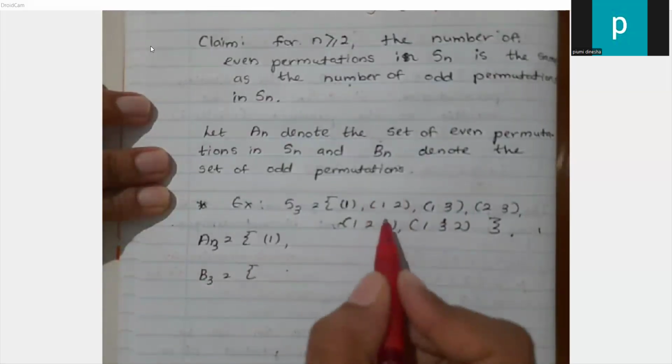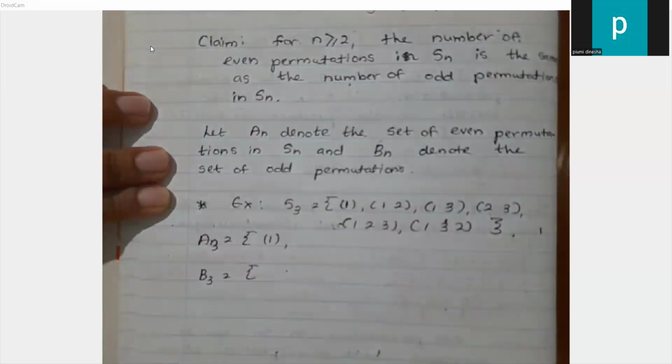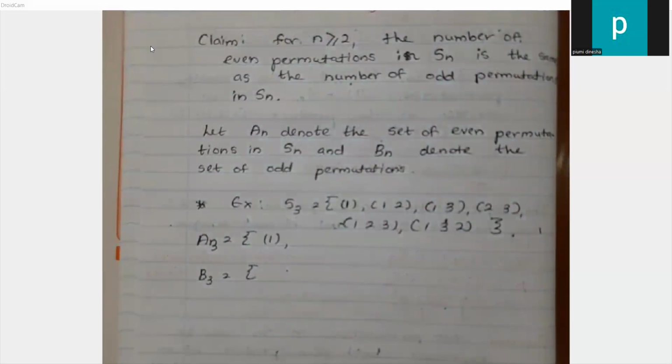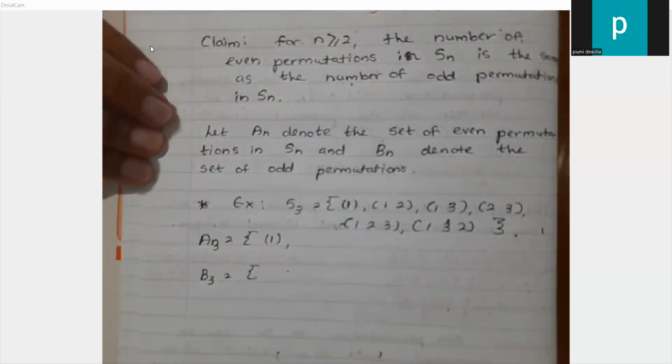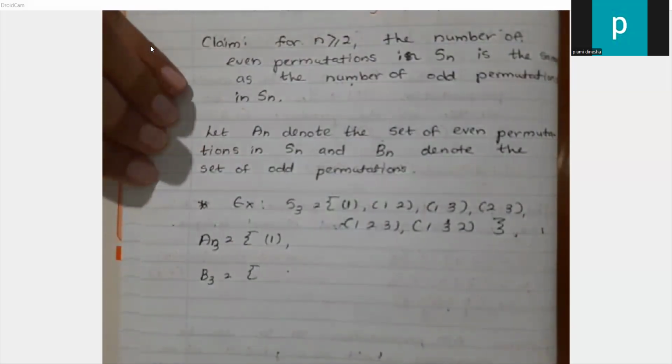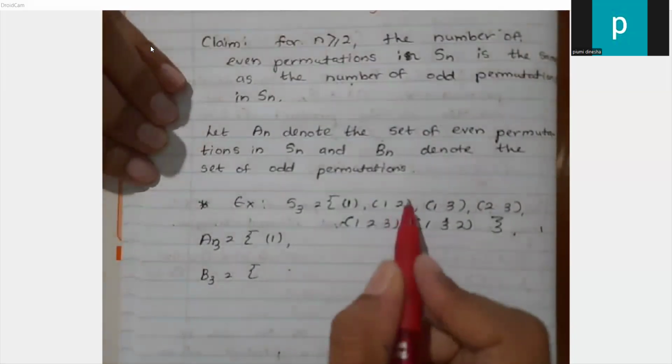Then we have this permutation (1 2). Is it an even permutation? How many transpositions are there in this permutation?